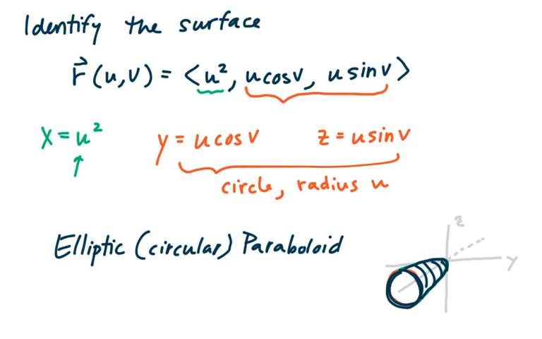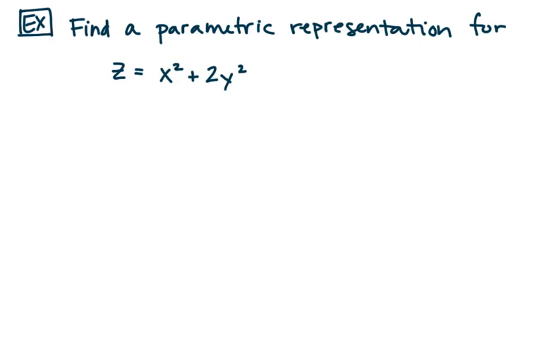Okay, while we're having this discussion, I want to reverse our thought process. In this example, we are given a surface and we want to determine some sort of parametric representation. So I have z equals x squared plus 2y squared. There's not one single way you can do this. There are multiple parameterizations, so we're just going to come up with one possible idea.